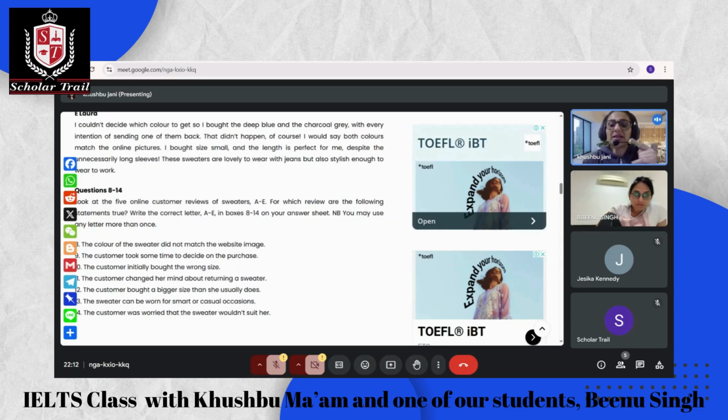It might be surprising for you, and for all students who have trained for this type of question, that a paragraph might have more than one statement given to us. There might be chances that my answer for statement number 8, let's say, is B, and my answer for statement number 12 could also be B. So the letter might repeat as an answer.